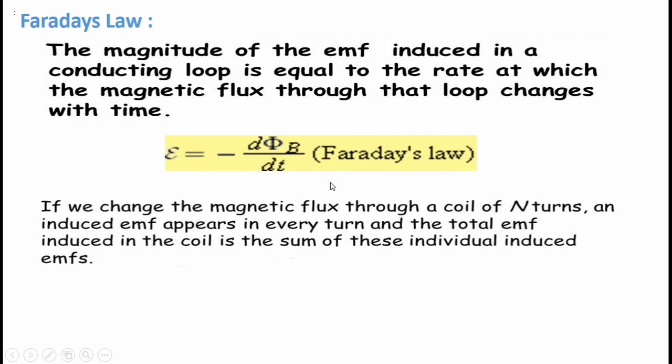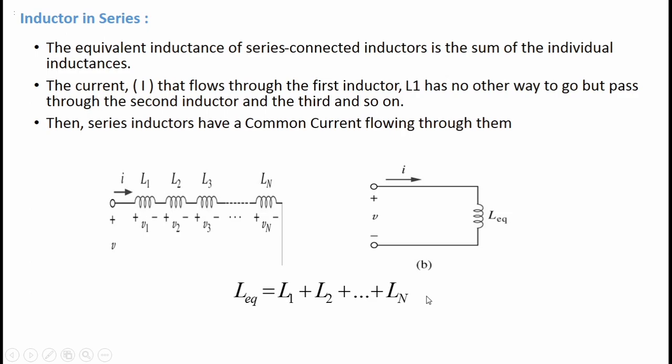If we change the magnetic flux through a coil having N turns, an induced EMF appears in every turn, and the total EMF induced in the coil is the sum of these individual induced EMFs, given by the formula E is equal to minus N d phi B divided by dt, where N is the number of turns of the coil.